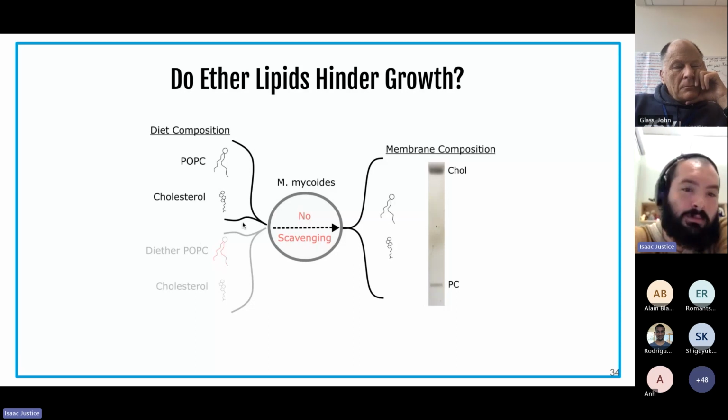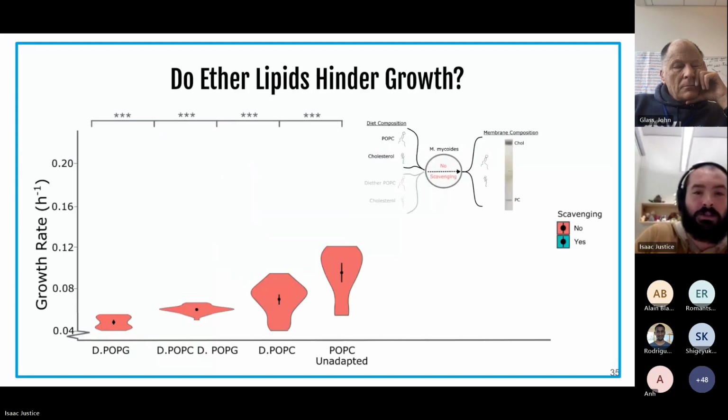And so we switched them from a diether POPC diet to just a POPC diet, but we looked at their growth after the first passage when they still weren't adapted, so their acyl chain scavenging capacity hadn't yet been activated. We saw that there was slightly better growth, but still nothing like the growth when they had access to a pool of acyl chains.